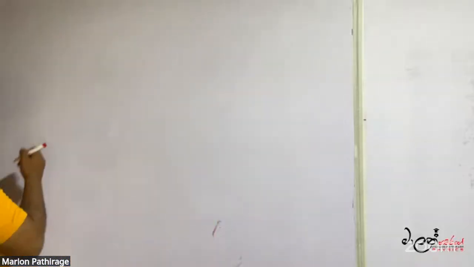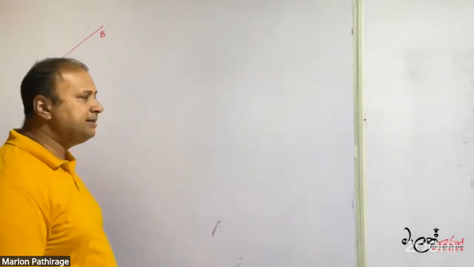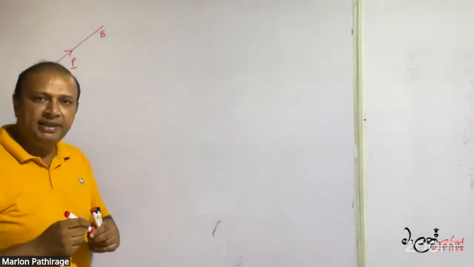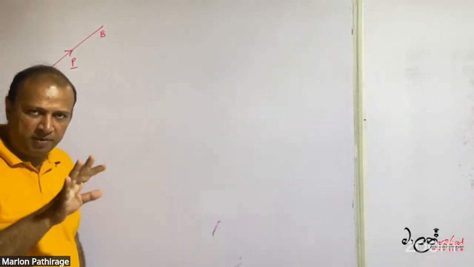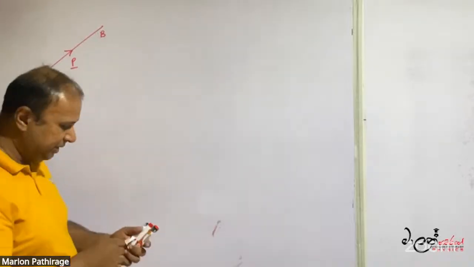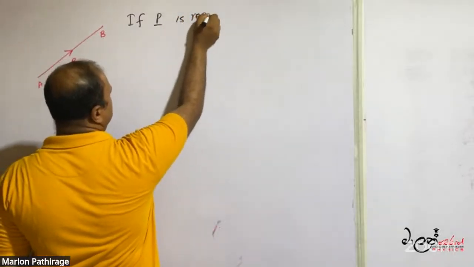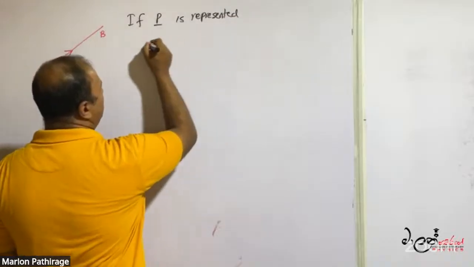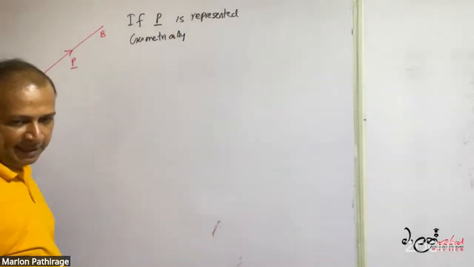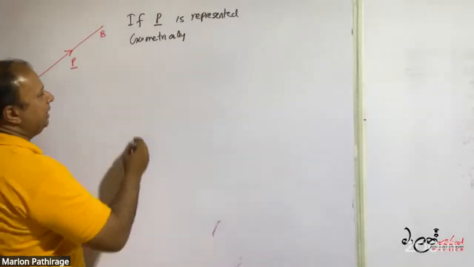If you have a line segment like this, and suppose this vector is P, and P vector is represented geometrically, then I can take the length of line segment AB.